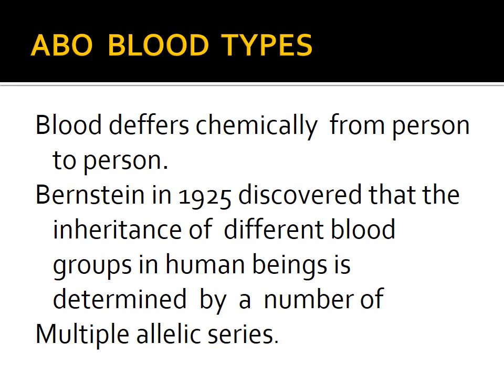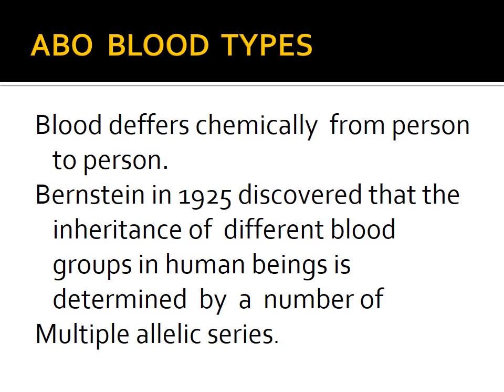The basis of this chemical difference is due to the presence of surface antigens on the membrane of RBC and epithelial cells. Karl Landsteiner discovered two kinds of antigens called antigen A and antigen B on the surface of RBC of human blood. So RBC, red blood corpuscles.